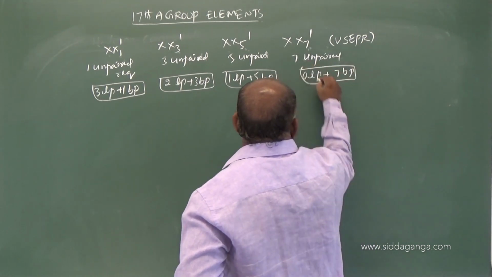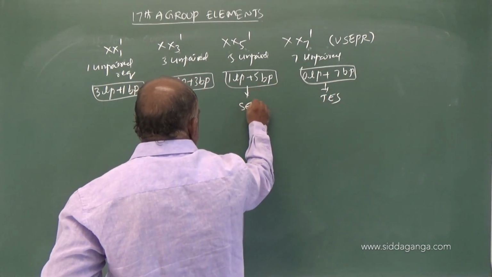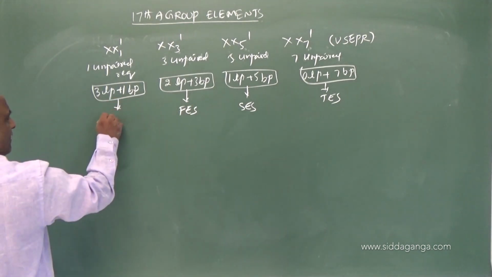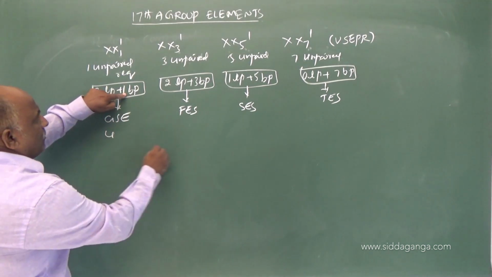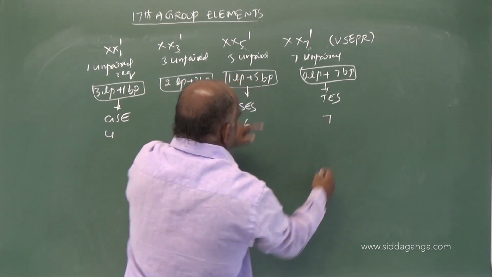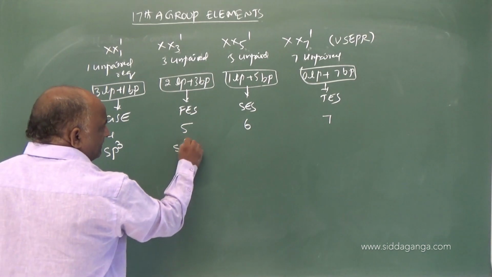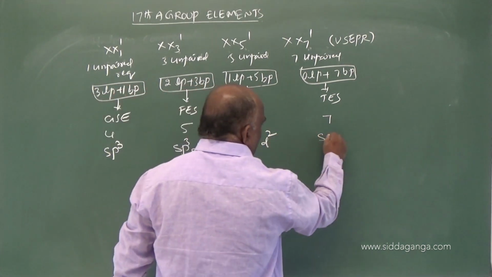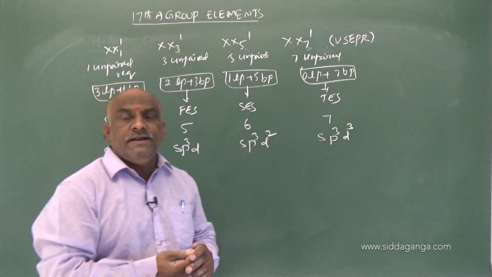This is the third excited state, second excited state, first excited state, and this is the ground state electronic configuration. 3 plus 1 is 4, 2 plus 3 is 5, 1 plus 5 is 6, here 7. So 4 is sp3 hybridization, here sp3d, sp3d2, and the last one is sp3d3 hybridization.